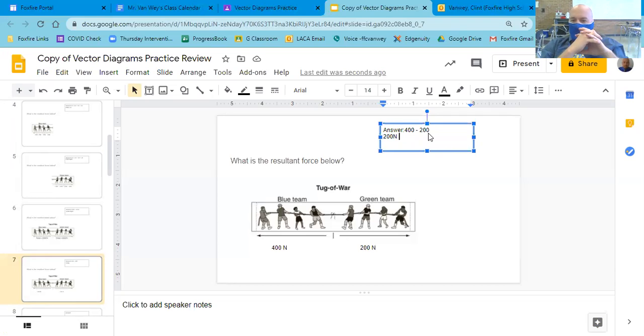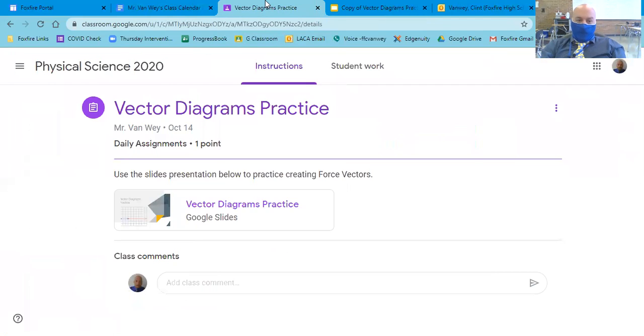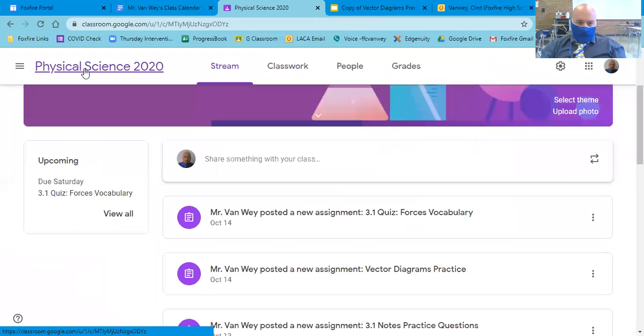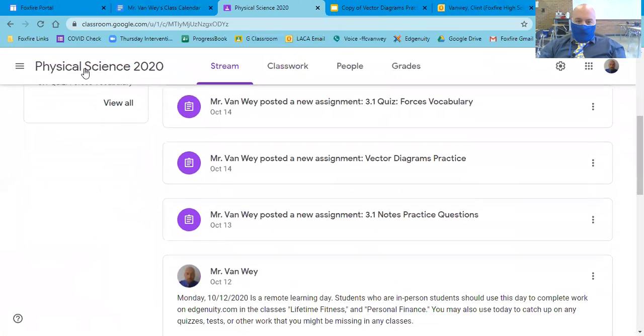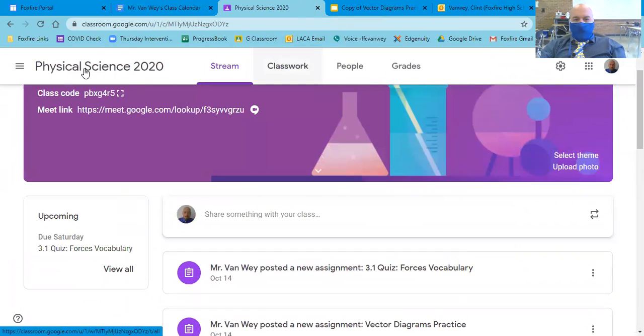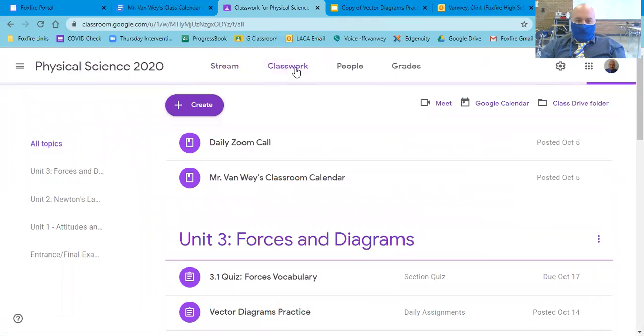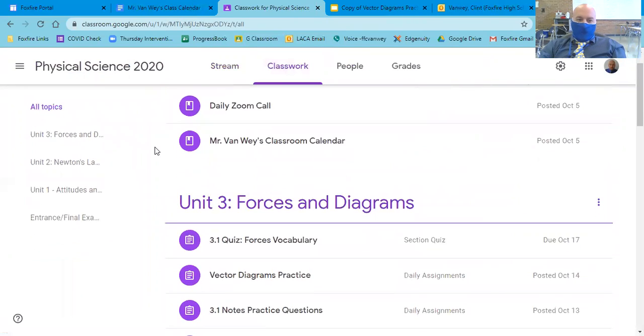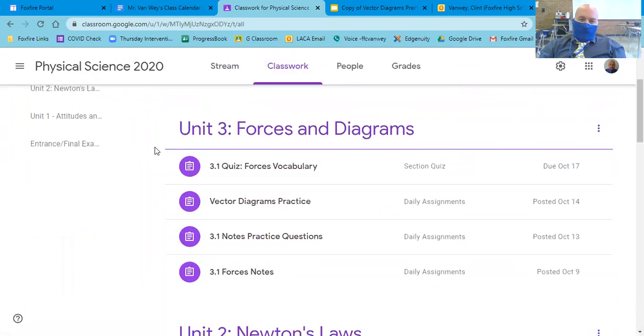Michaela says, was this on the Google Classroom? Because I just studied in the paper that we did. Yeah, I'll show you right where it was. It's actually where we started. Go back to physical science here. Okay, you go down. I like to go right to the classwork tab. It was on the screen, but it's easier to find in the classwork tab. Now to Unit 3, Forces and Diagrams.